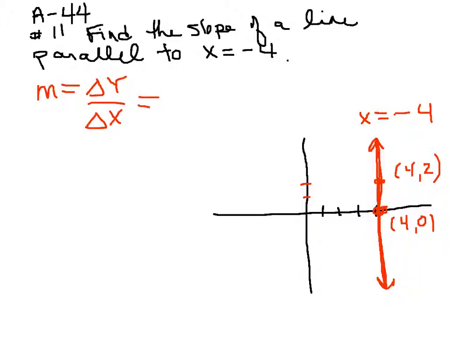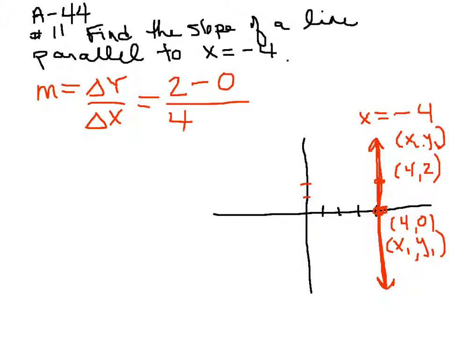So in this case here, I'm going to call this point here x2, y2, and this one x1, y1. And if I come over here, I'm going to say my y2 is 2, minus my y1 is 0, over my x2 is 4, and my x1 is 4.